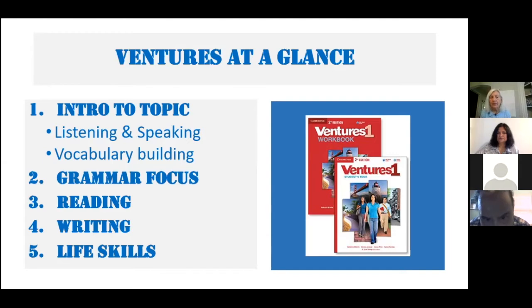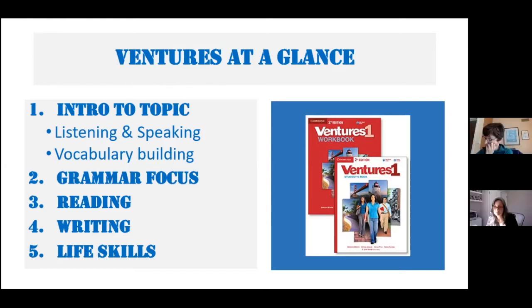And then there's a grammar focus, a reading section, a writing section, and in Ventures there happens to be something called life skills, which is like real life application. We are going to focus on Unit 8, which is about work, and we're going to look at each of the components and then talk about the materials that you would also include to complement what's in that component.